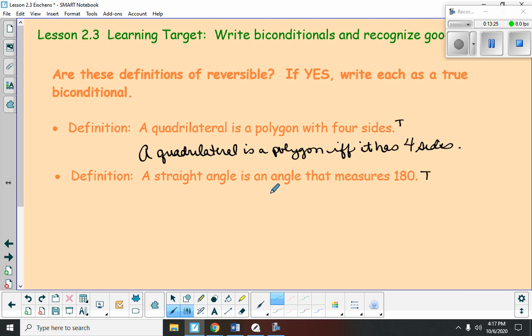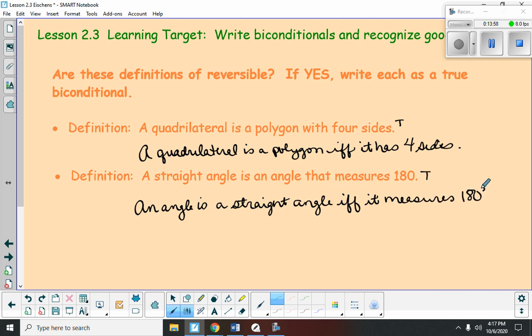We wouldn't say a straight angle is an angle if and only if, but we would say an angle is a straight angle if and only if it measures 180 degrees. We add if and only if in the middle there.